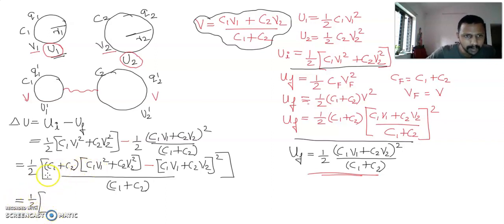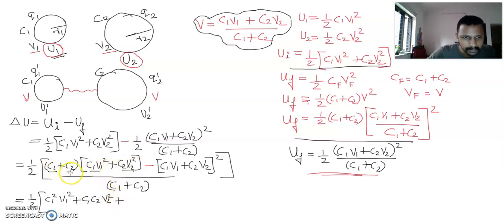If we multiply C1 with this term and this term, we get C1 into C1 V1 square, that is C1 square V1 square, and C1 into C2 V2 square, that is C1 C2 V2 square. Now we have multiplied C1 with these two terms. Then we have to multiply C2 with these two terms.